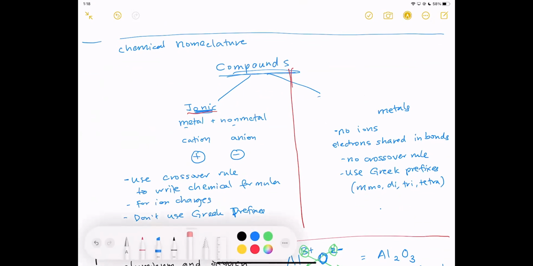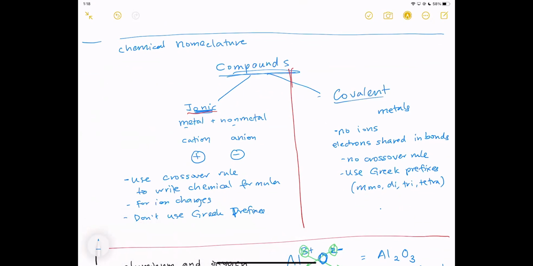And how do you know it's a covalent compound? If it is 2 or more nonmetals, those are from the right side of the periodic table. Those are your covalent compounds, like having a nitrogen and an oxygen, or carbon and oxygen. In the chemical formula, you have the numbers of atoms, which you use with Greek prefixes.